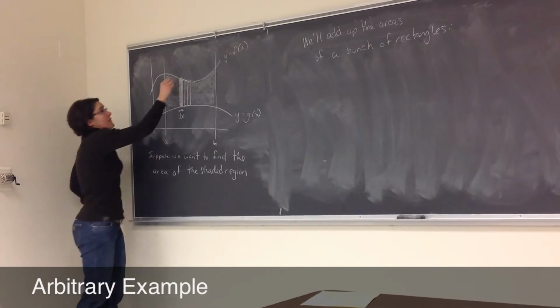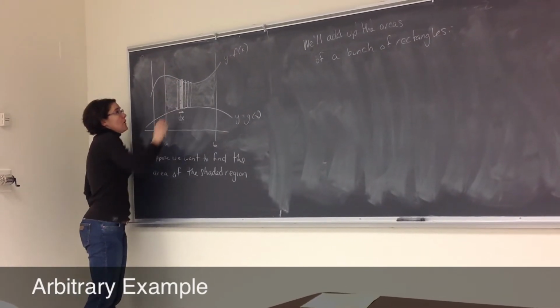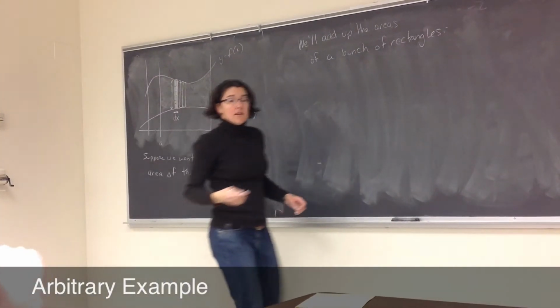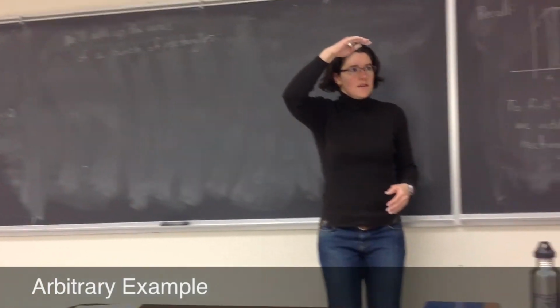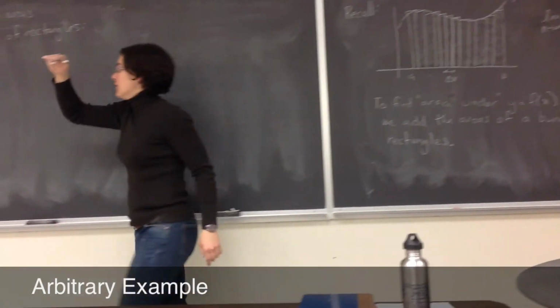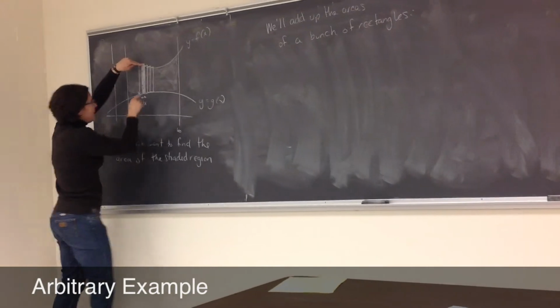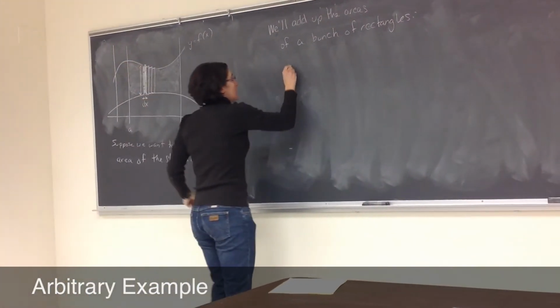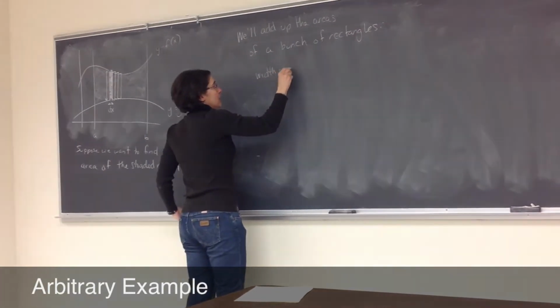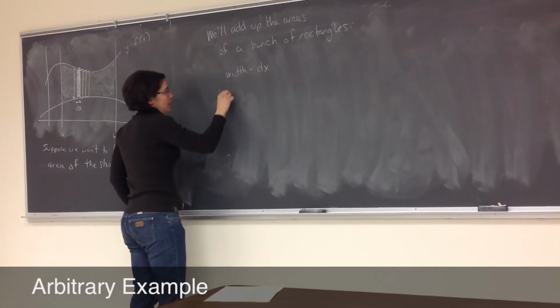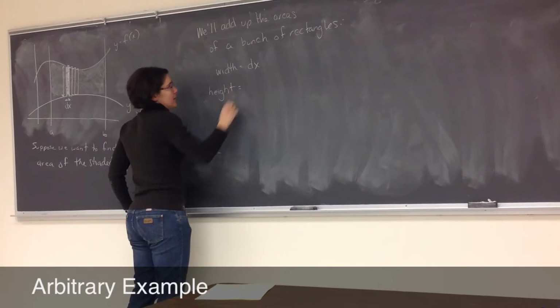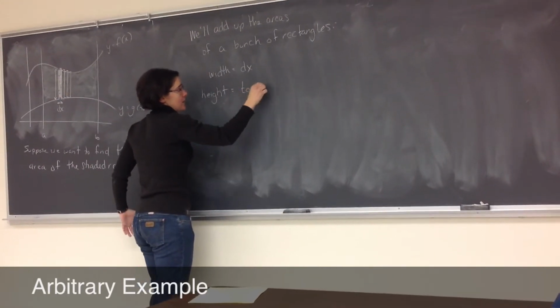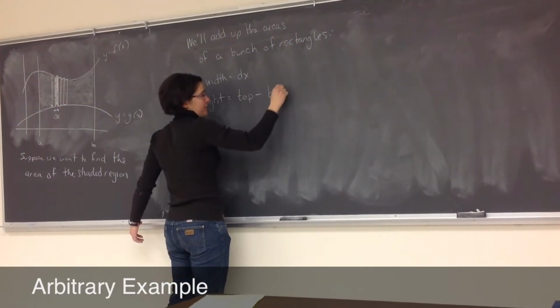And then the height of this rectangle, well, that height comes from taking the top value on that rectangle minus the bottom value on that rectangle. And so the width of each rectangle is dx, and the height is going to be the top value on the rectangle minus the bottom value.